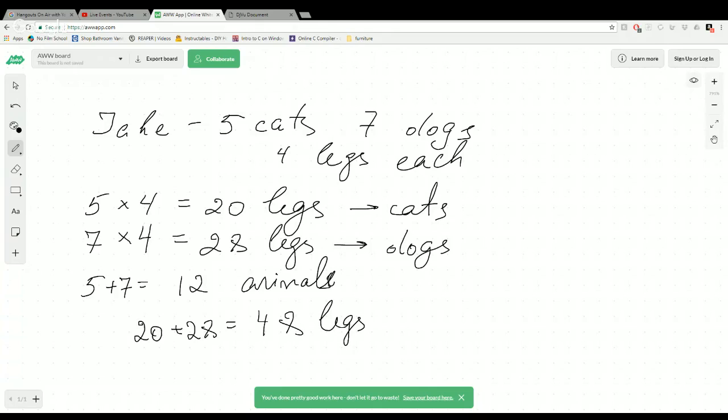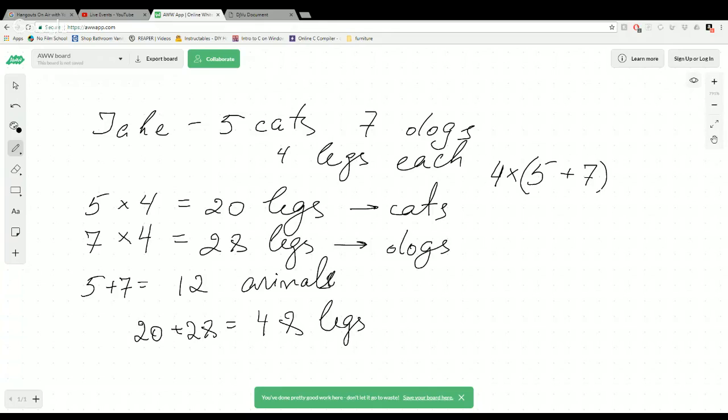Now, another way you could have done this is you could have said, how many animals do I have? I have 5 plus 7 animals, 5 cats, 7 dogs. How many legs does each animal have? 4. So 4 legs per animal for each one of these 5 plus 7 animals.